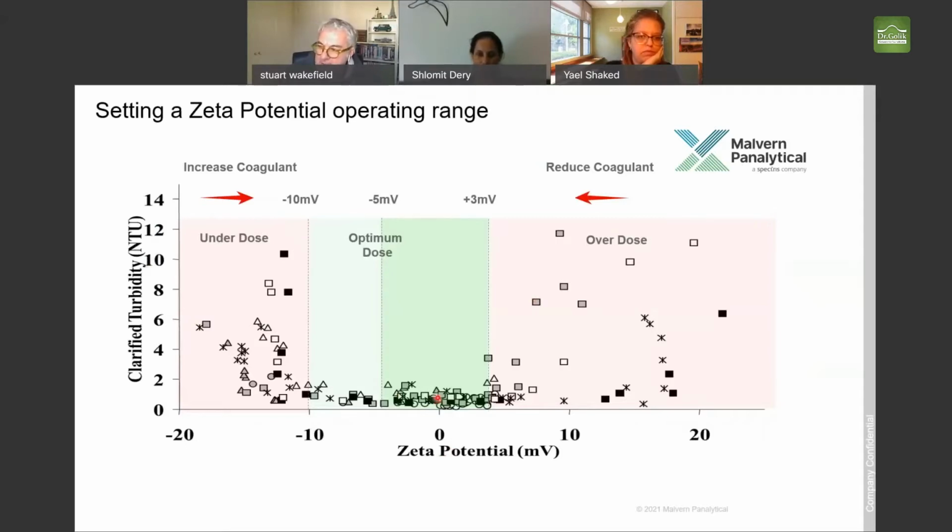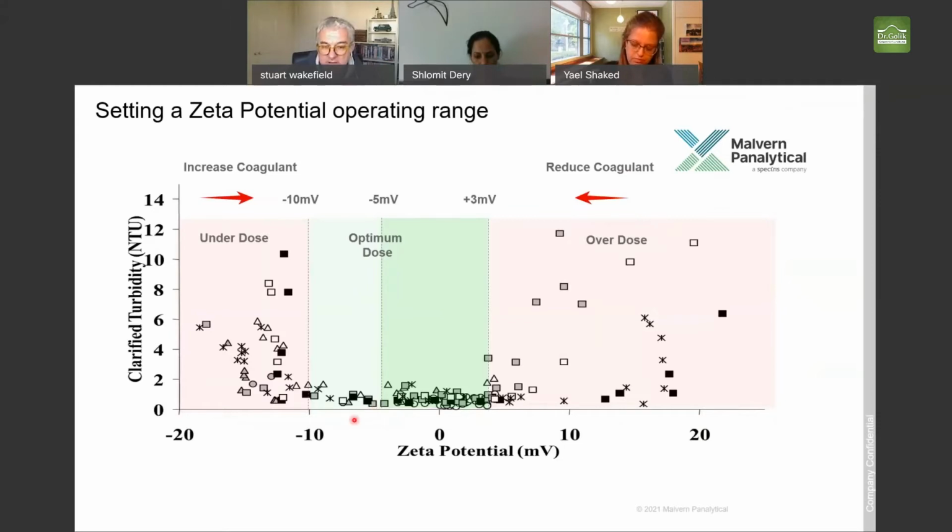But the amount of chemical that we need to use to attain 0 millivolts is probably too much, because if I move a little bit further away from 0 millivolts, you can see that even at about -5, we still have the same rate of flocculation. Even if we move towards +3 millivolts, we still have the same levels of flocculation. So in theory, the amount of chemical we need to add is significantly less, because we know we can get the same rate of flocculation at -5 as we do at 0.